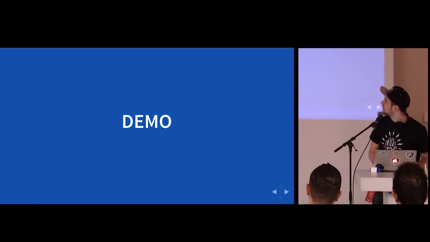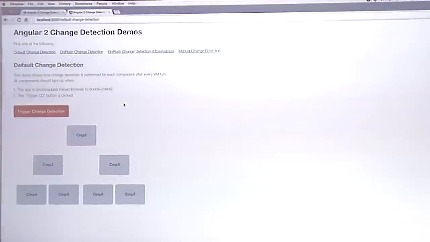I do have a demo on that, and I want to show it really quick because I have really cool demos for this talk. So the first one is not super exciting, but I just want to show you that the stuff that I'm explaining here is actually true. So what you see here is a component tree, and each of these components is an Angular 2 component. When I refresh this page, you will see that Angular will trigger change detection for the entire application.